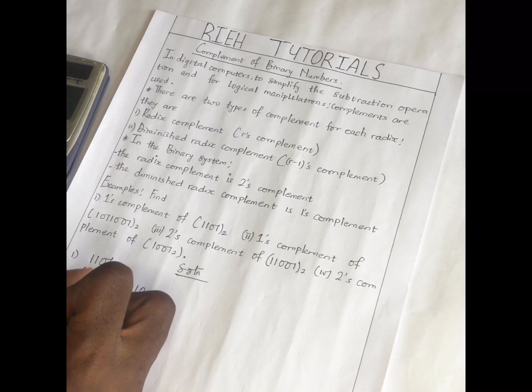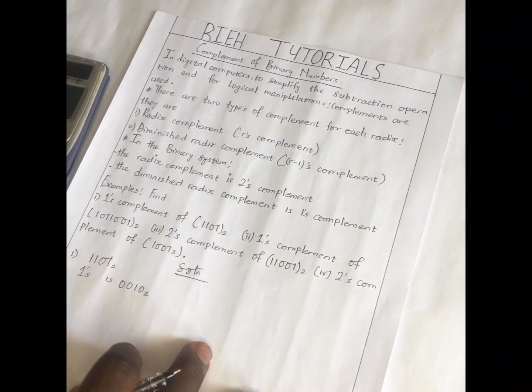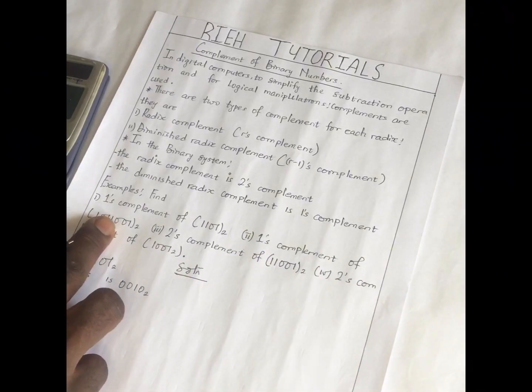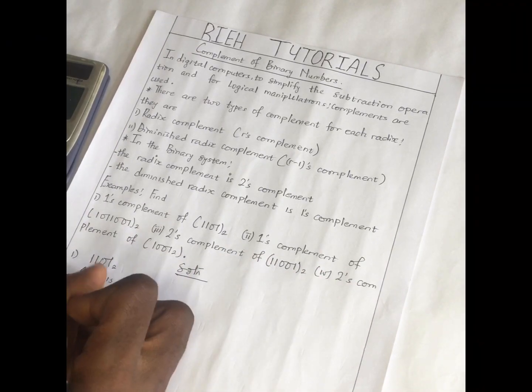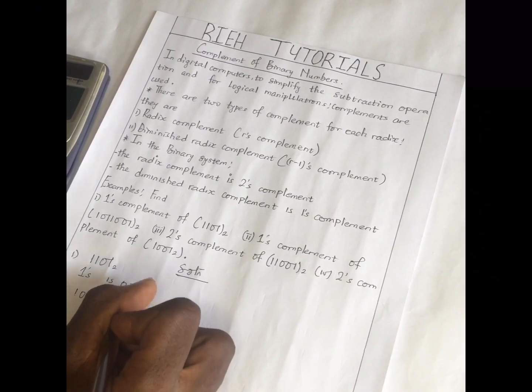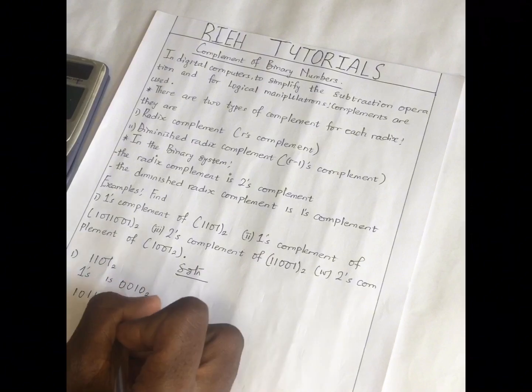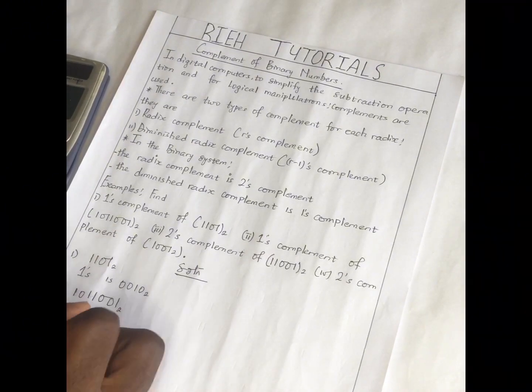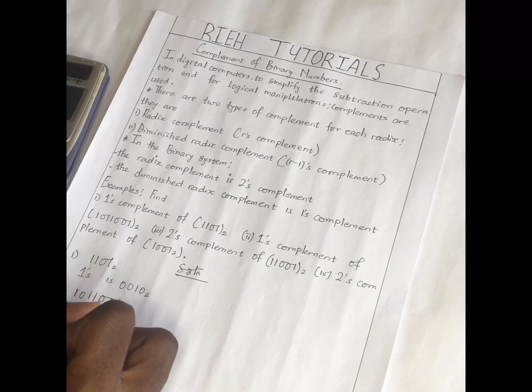Let's proceed with the second example. Here we are asked to find the 1's complement of 1011001 base 2.